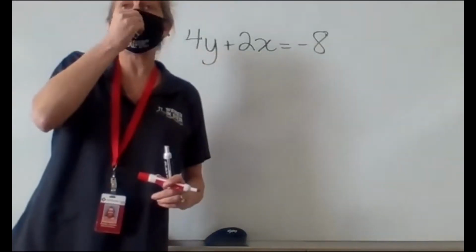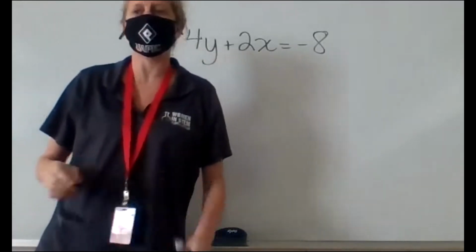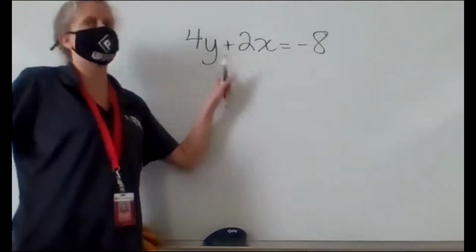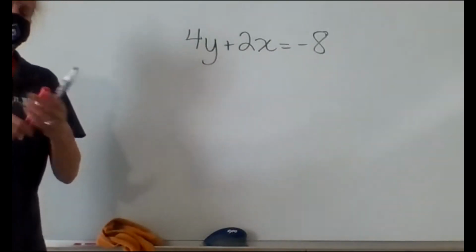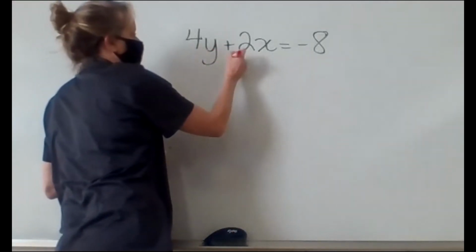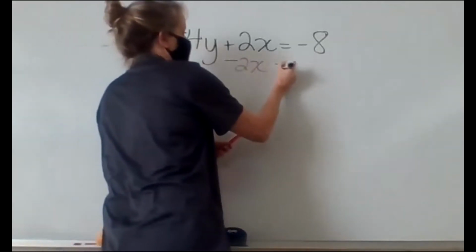The button in your calculator that does all the work is a y equals button, which means I need to maneuver this stuff around until I get the y by itself. So in order for this y to be by itself, the first thing I need to do is get rid of this plus 2x. So I will subtract 2x.